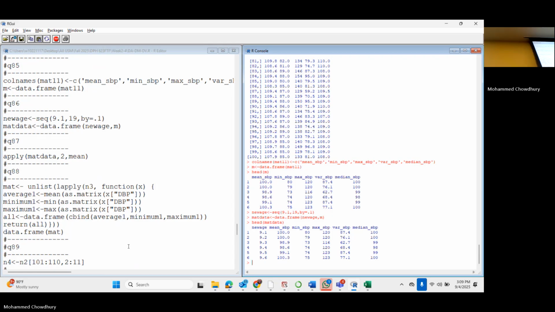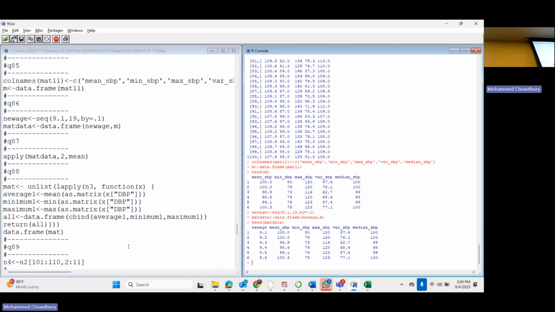Unlist. Okay, it is a list, but I'm doing unlist. I'll apply on the list this function of X. Now I want to find the mean of as.matrix X, because this is a function of X. Then I'm finding its minimum of as.matrix X, and then DBP, and then as.matrix X DBP, and all data frame combined: average, minimum.